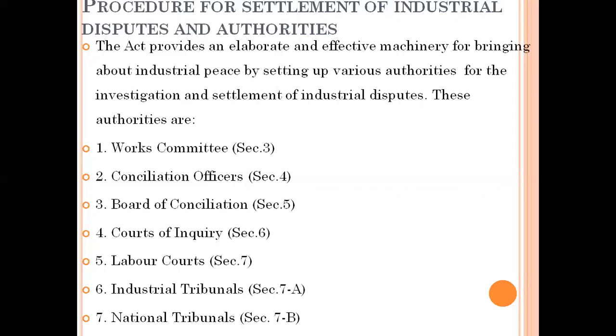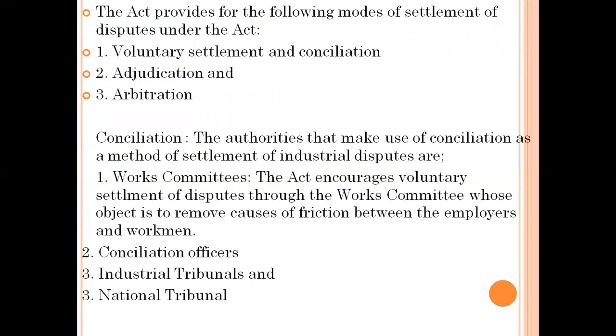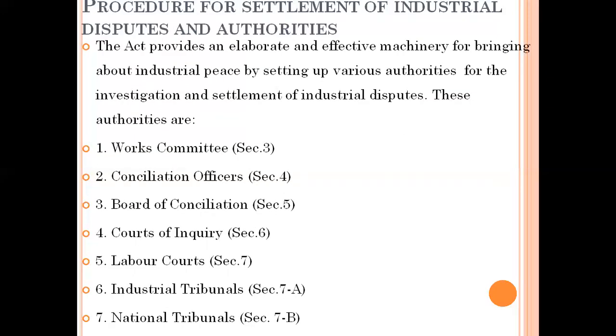These authorities are as follows. First one is Works Committee as per section 3, Conciliation Officers section 4, Board of Conciliation section 5, Court of Inquiry section 6, Labor Courts section 7, Industrial Tribunals section 7A, and National Tribunals section 7B.